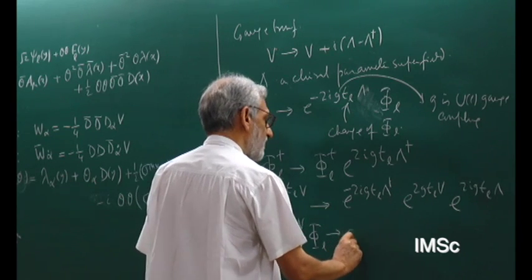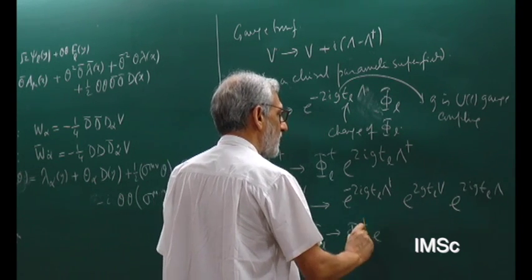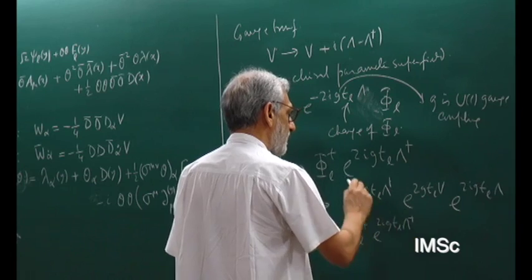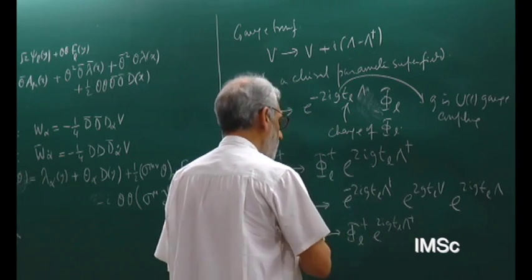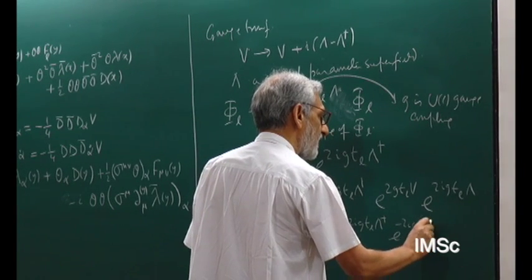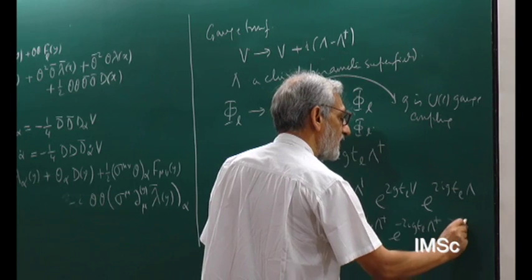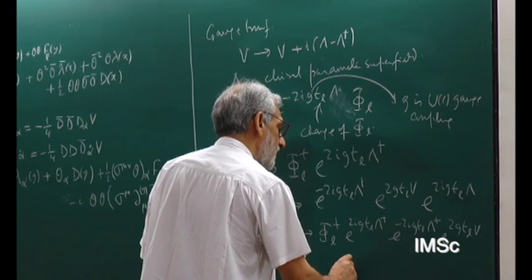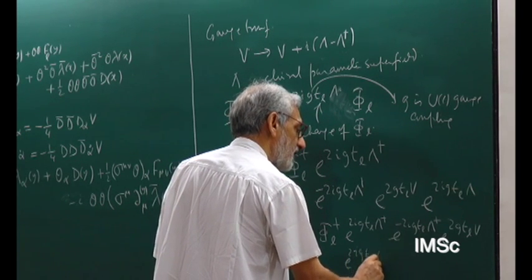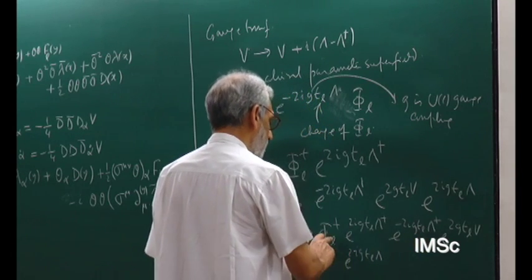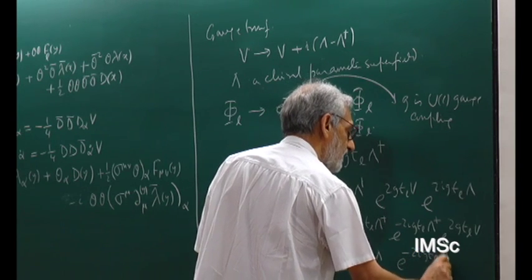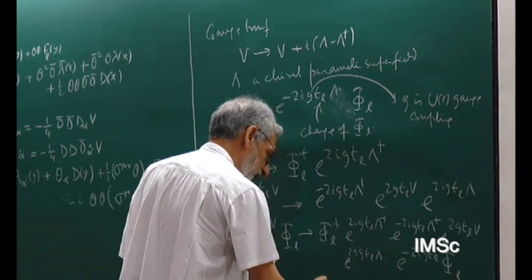Well, this transforms as Phi_L dagger exponential 2i g T_L Lambda dagger, like this one, and exponential 2 g T_L V transforms as exponential minus 2i g T_L Lambda dagger, exponential 2 g T_L V, times exponential 2i g T_L Lambda, and Phi transforms as exponential minus 2i g T_L Lambda Phi_L.